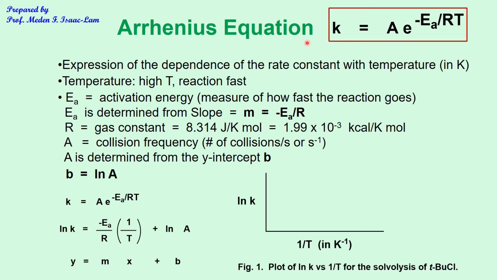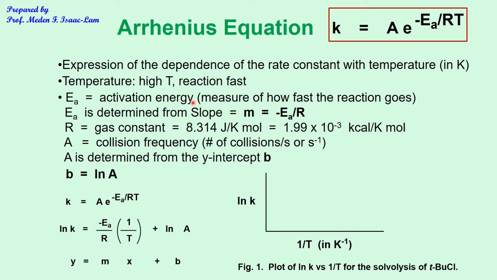Arrhenius equation is the expression of the dependence of the rate constant K with temperature in Kelvin. K is equal to A, the collision frequency or the number of collisions per second, times e raised to negative EA over RT. EA is the activation energy.